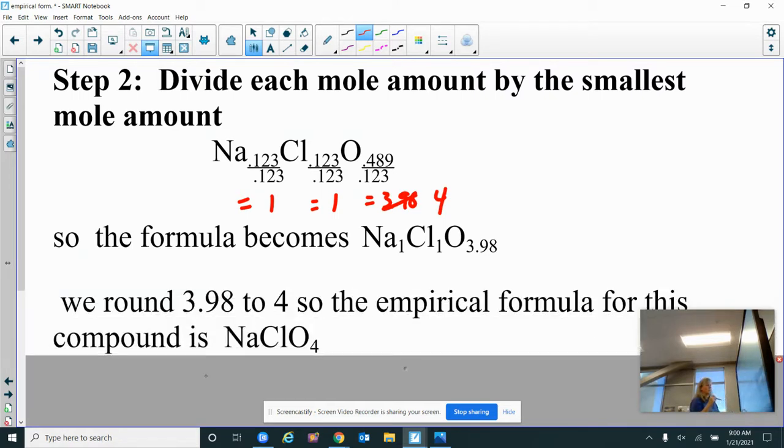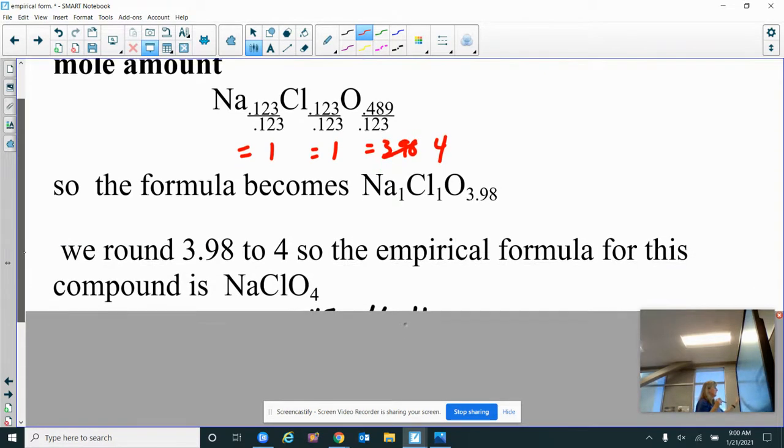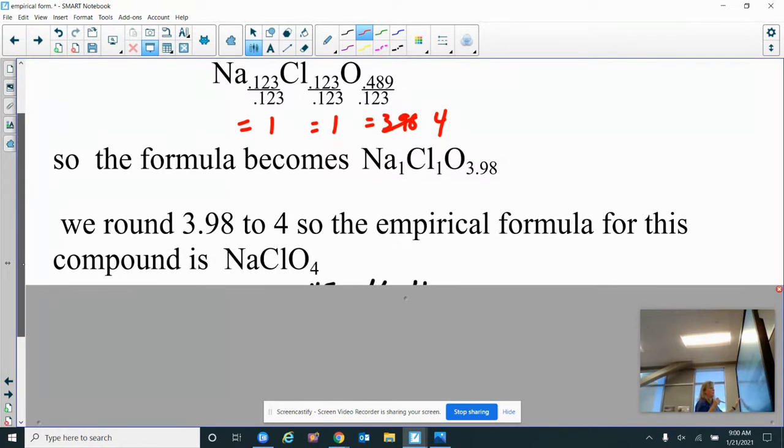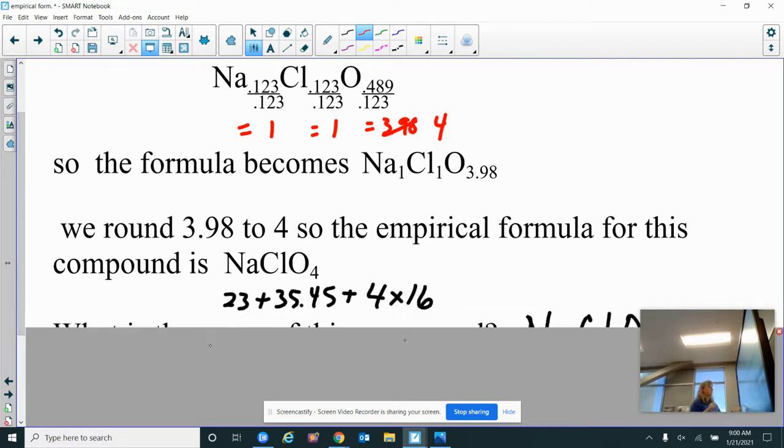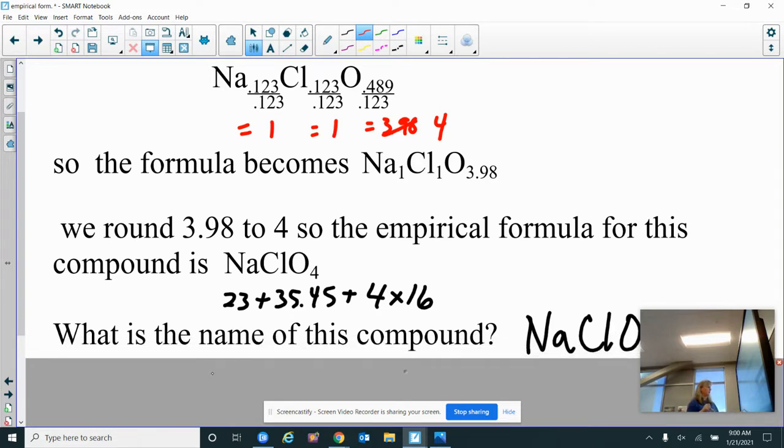So then our formula is NaClO4. That's the empirical formula. That's the simplest ratio of the elements to each other by calculating their moles. If we wanted to know the empirical mass of the formula, we will just add up how many of each there are.